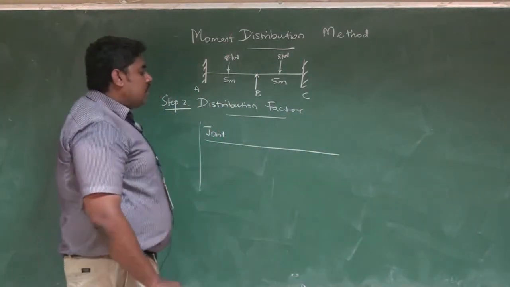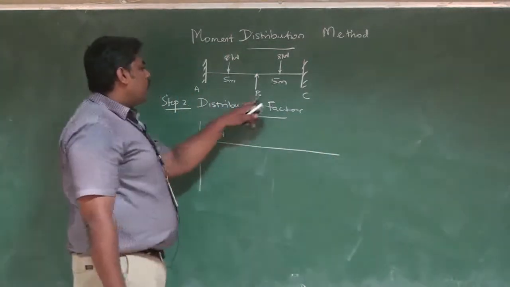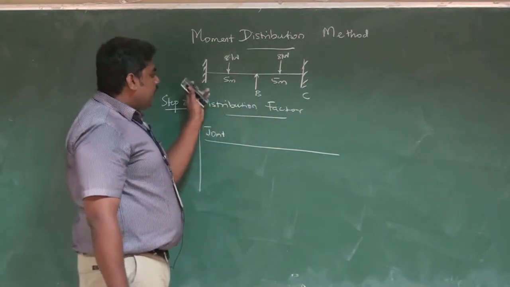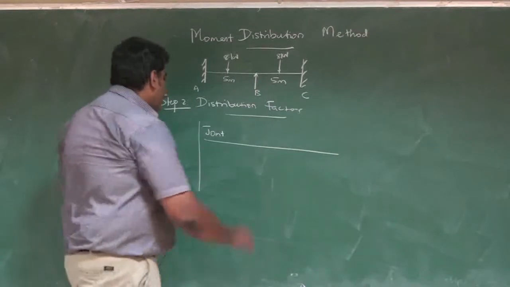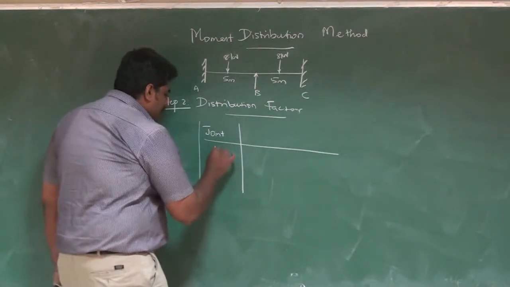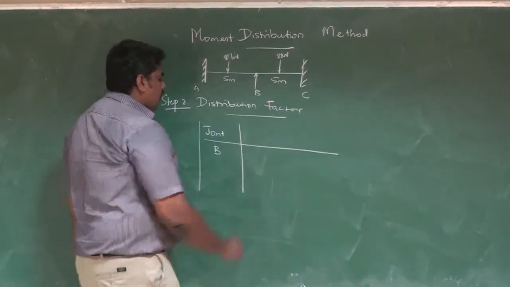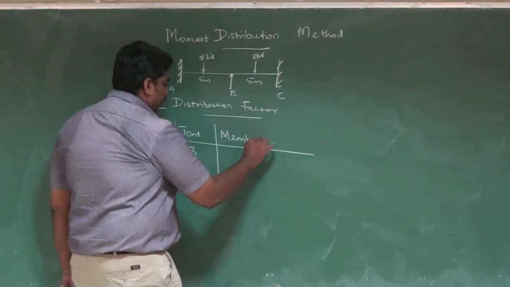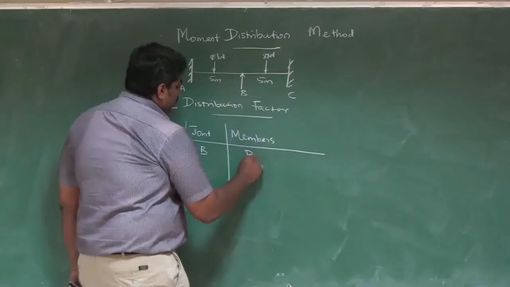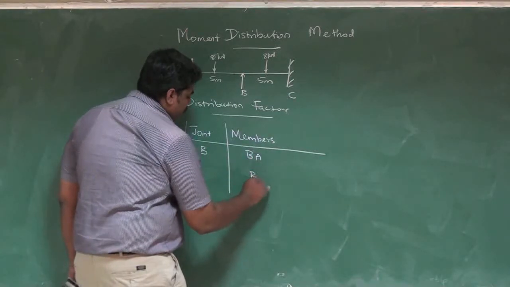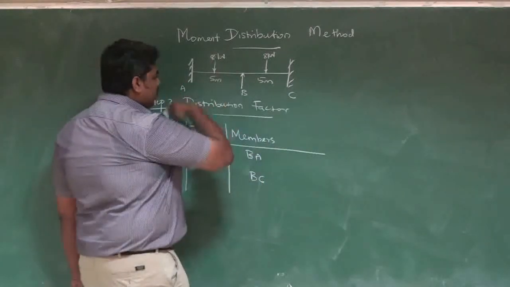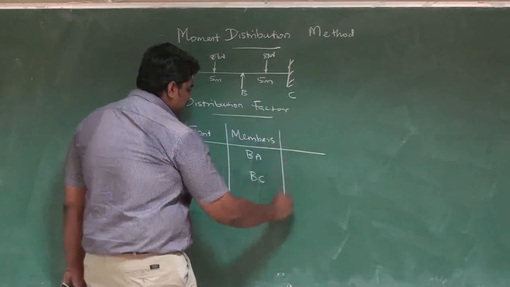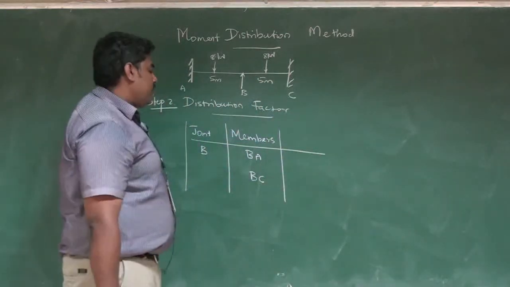Where do we have the joints here? We have only one joint B, where the moments have to be distributed to joint A and joint C, right? So joint B will be under consideration, and the members which we have to consider are BA and BC, the joint it is looking at on the other side. So it will be BA and BC, right?